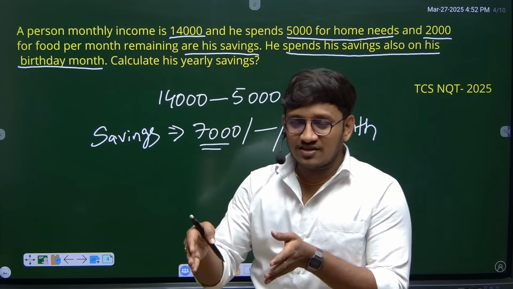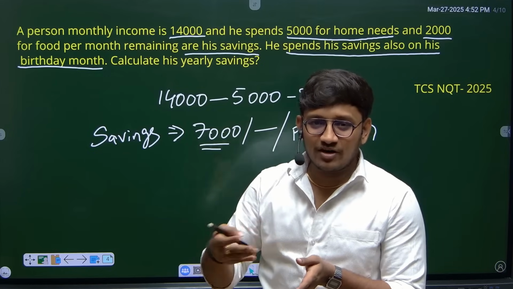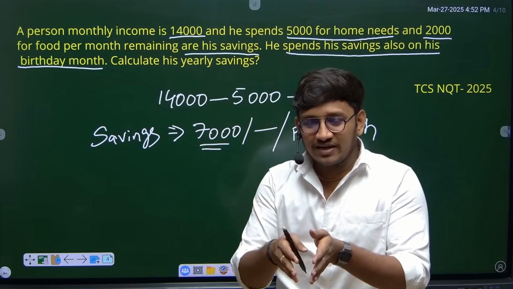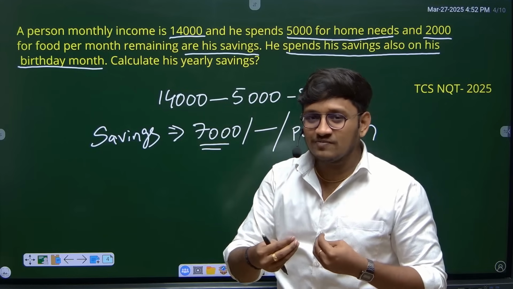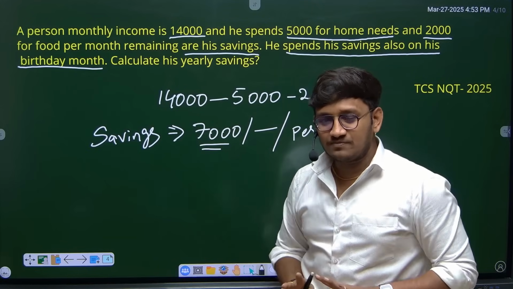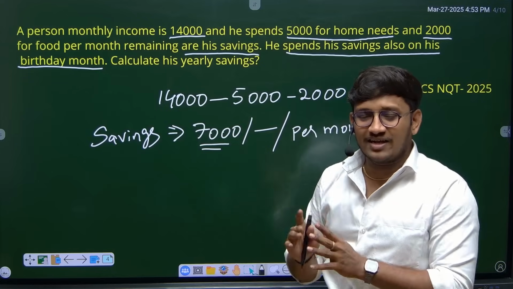How many times can a person celebrate a birthday in a year? Only one time, right? So let's say my birthday is in September, so I will spend this 7,000 in September, on my birthday expenses.